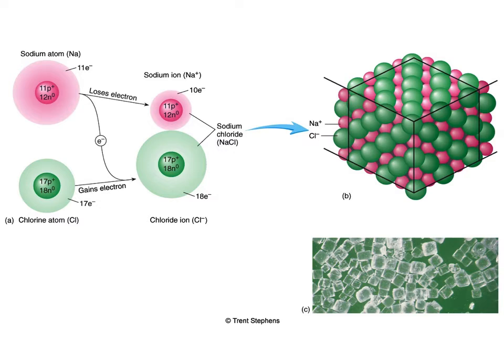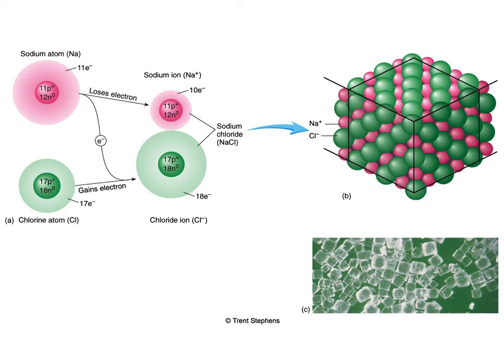Chlorine atoms have 7 electrons in the valence shell, and to fill that shell they need 8, so they're very eager to gain an electron, and so then they become chloride ions. The chloride ion has an extra electron. This chloride ion is attracted to the sodium ion, and this changes the properties pretty dramatically.